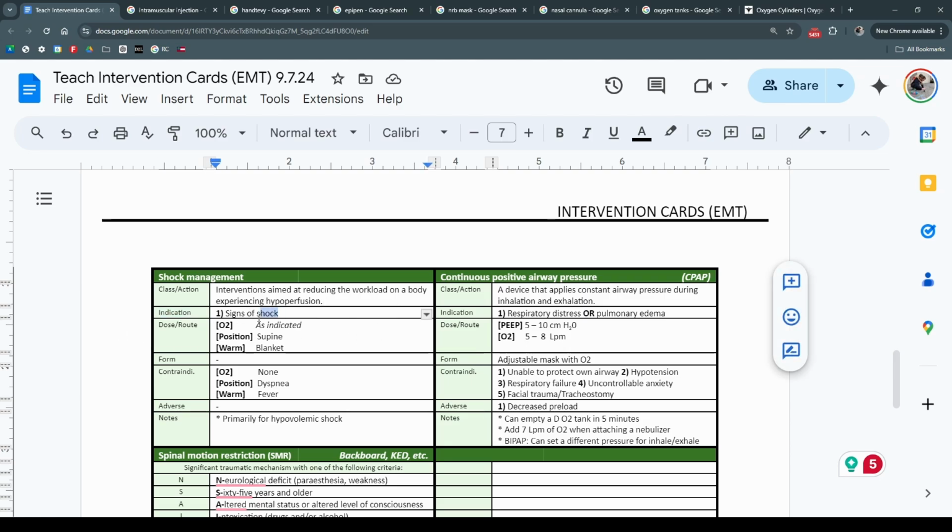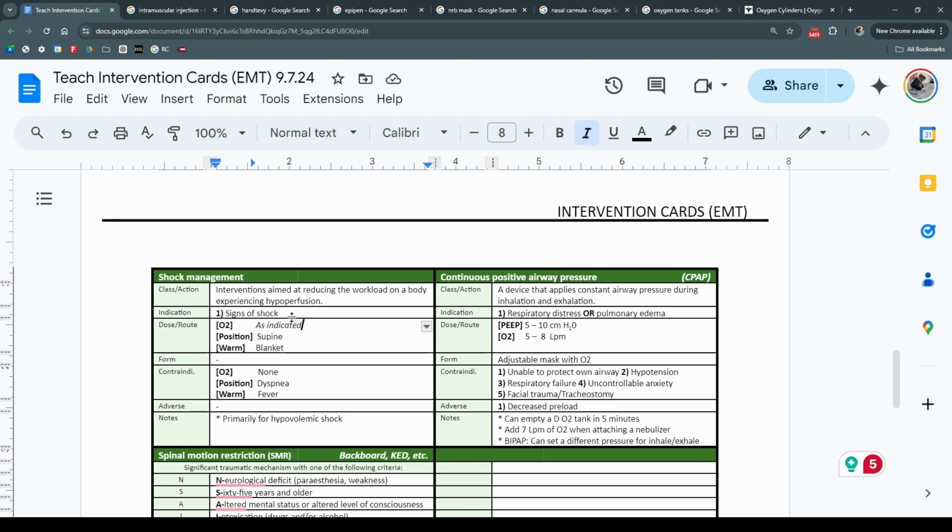Indications for when we do this are signs of shock. Boy, is that a complicated description. But all I mean to say is these are people that we should look at that might have presentations that their body is not moving fluid like it should, or doesn't possess as much fluid as it should. And so these might be pale patients.